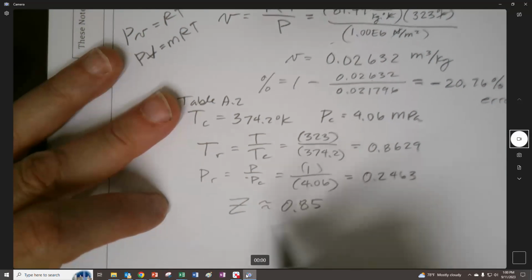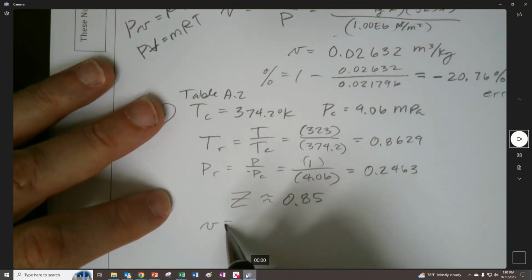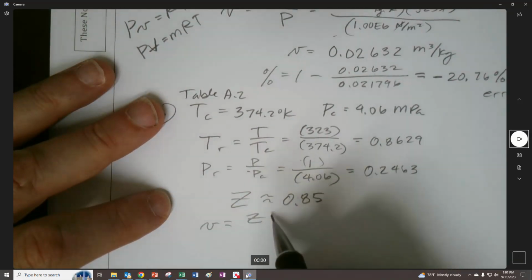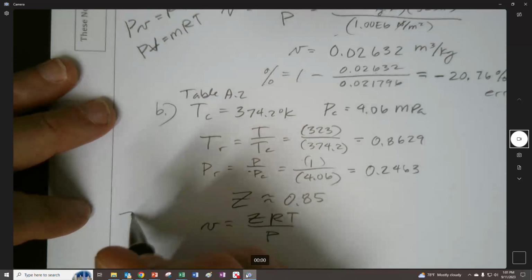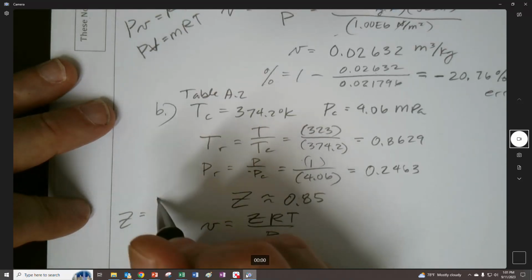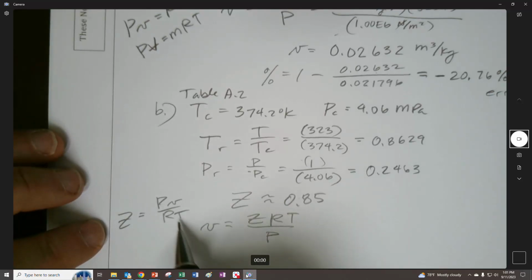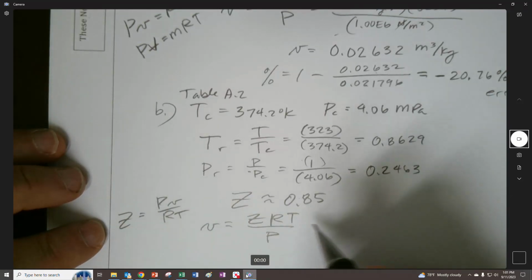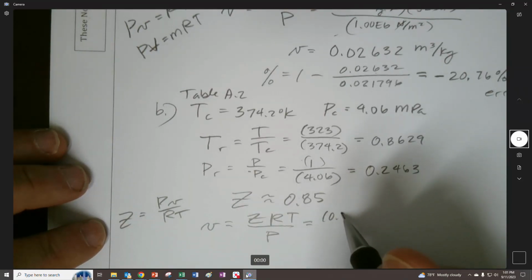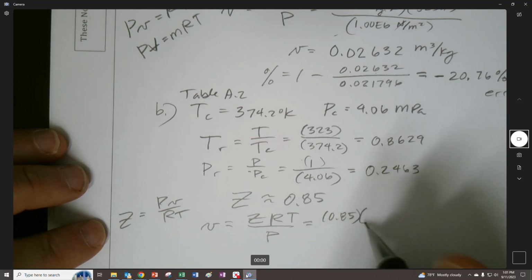So if you want to find this v now, we write Z times RT over P, because the equation is Z is equal to Pv over RT. So you want v, and you'll rearrange down to this. So 0.85. We don't need to put the units in.